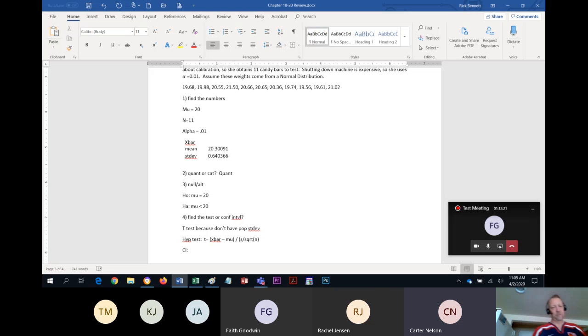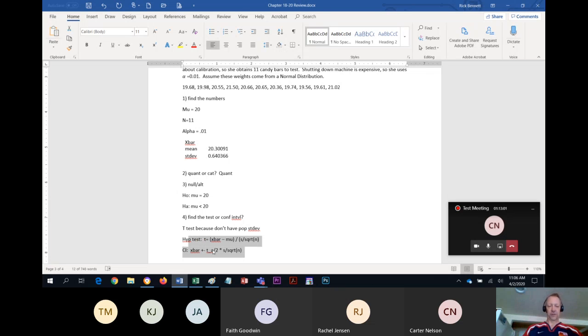So is it x bar plus or minus z? Not z. Is it t? It's going to be a t, right? T sub alpha over 2 times s divided by the square root of n. Perfect. Okay, all right, so I'm going to copy both of those over.